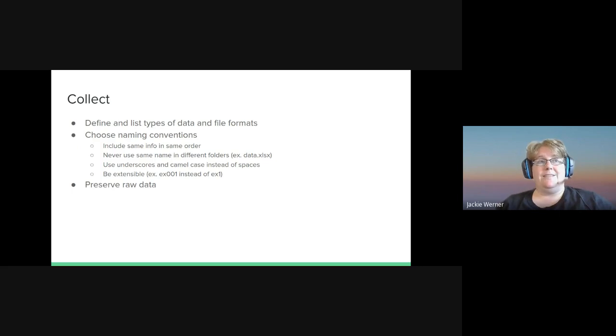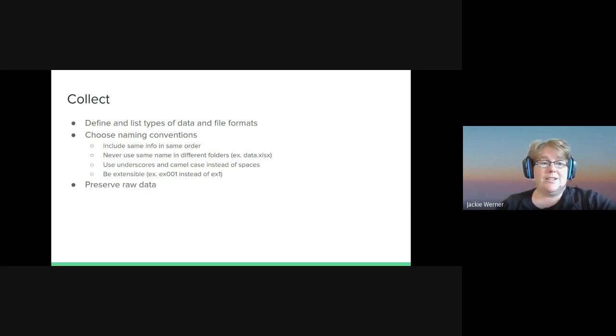If that folder hierarchy isn't preserved, then you're just going to have a file named data and no idea what it refers to until you go in and compare it. In file names, it's best to use underscores and camel case instead of spaces. And I'll show you an example in the next slide.